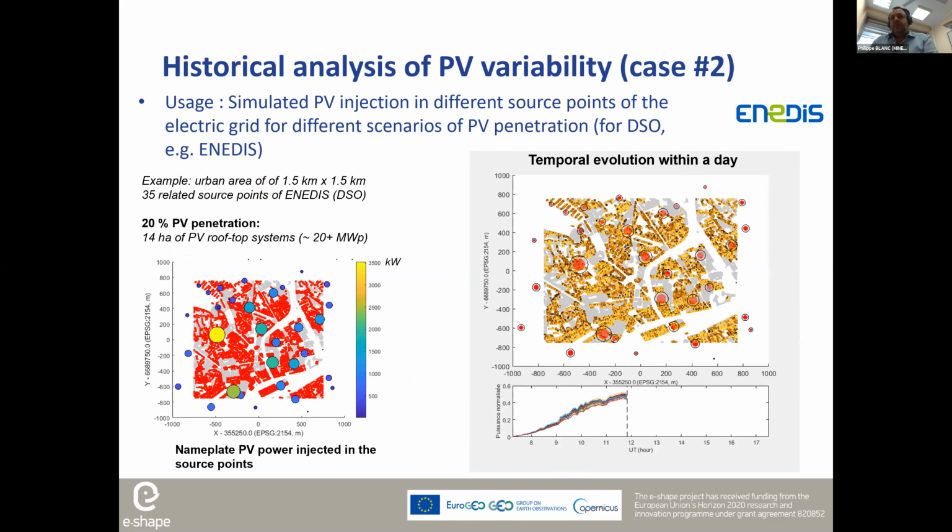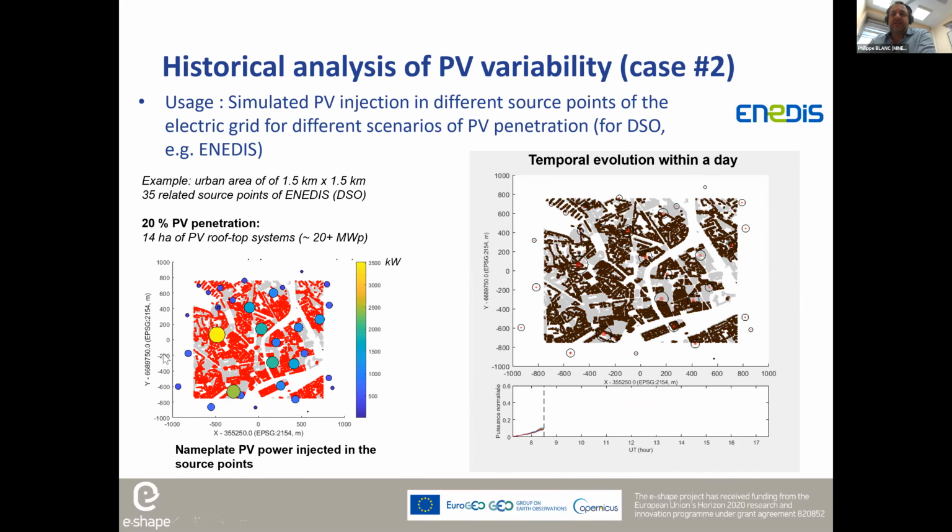The second use case we have in mind, which won't be presented today as a test, is to simulate PV injection at different source points within the electric grid for different scenarios of PV penetration. In that case, the targeted user is not the individual citizen, but the DSO, the distribution system operator, which in France is ENEDIS.